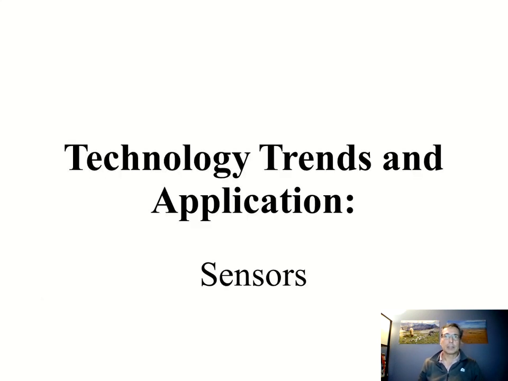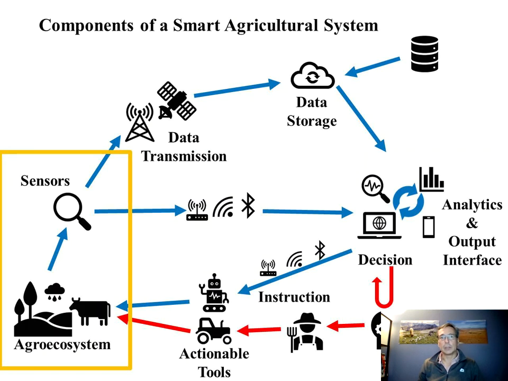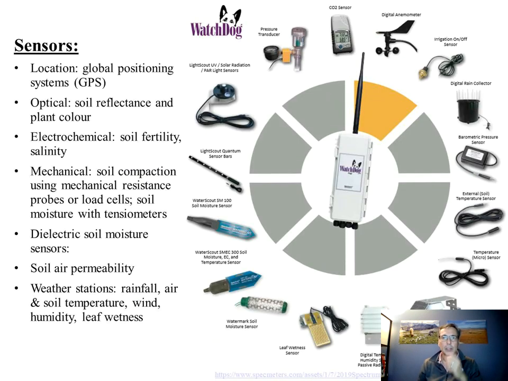So let's take a look at some of the sensing technologies. We're coming back to this little yellow box that's in the bottom left corner here. We're looking at what kind of sensors actually exist that measure our management units and the characteristics of them. If we start with just sensors in cropping systems, most people will be familiar that there are tons of different sensors out there that can measure lots of characteristics of the soil as well as of the plants.